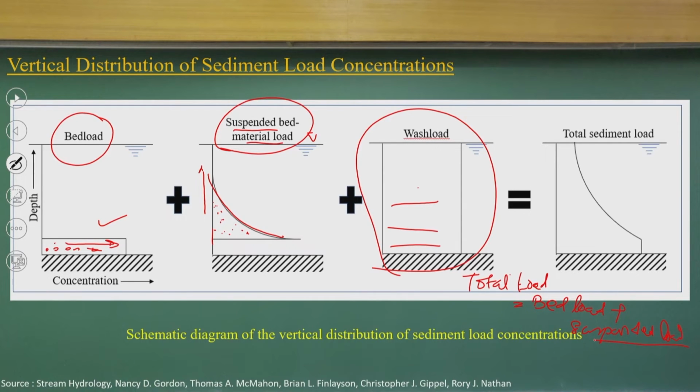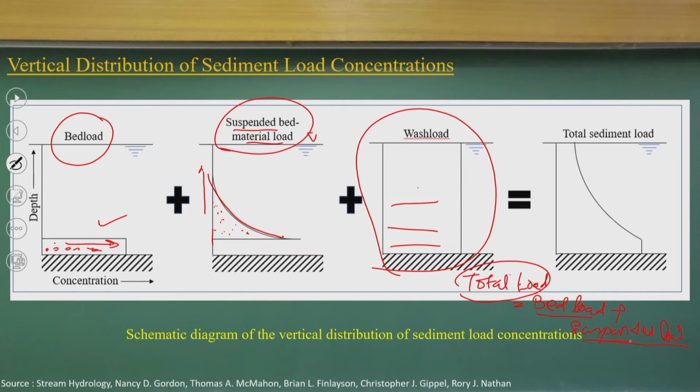So, please try to understand how the sediment concentration is distributed vertically: bed load, suspended load and the wash load. If you consider the wash load, the total diagram will come like this, but for the total load from a morphological point of view, we have a combination of bed load and suspended load. That is the concept we follow.